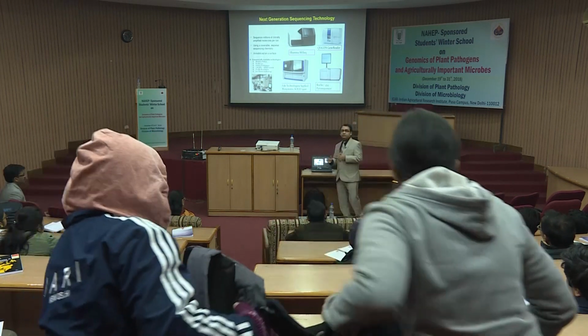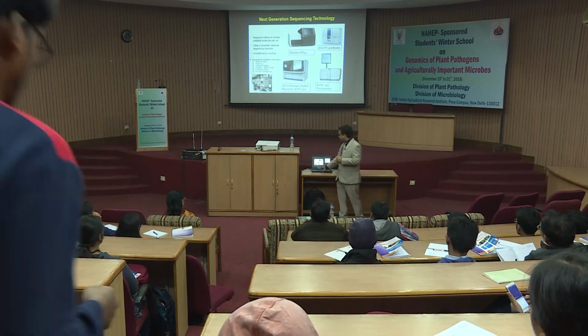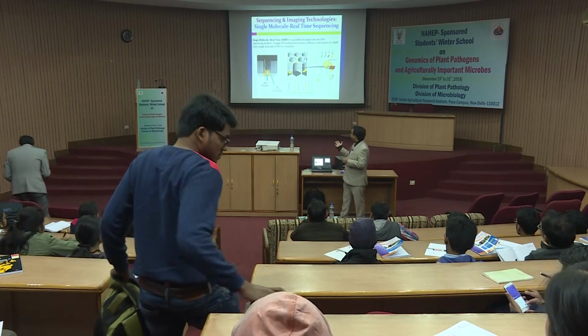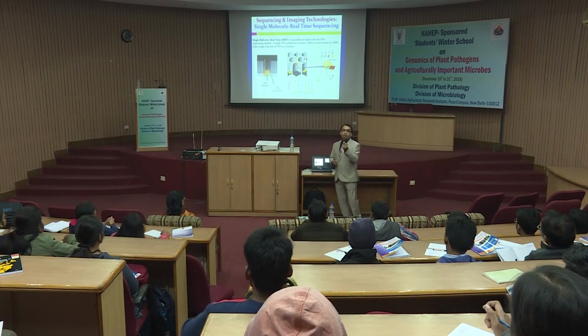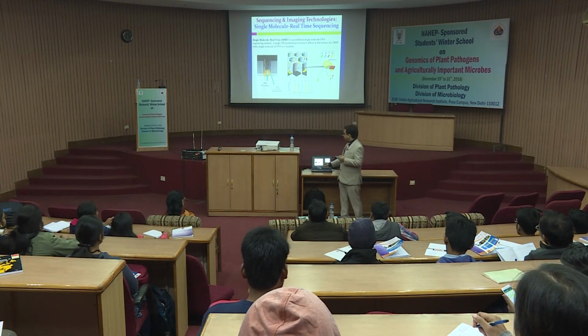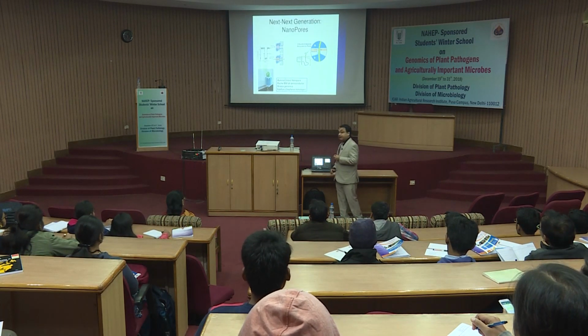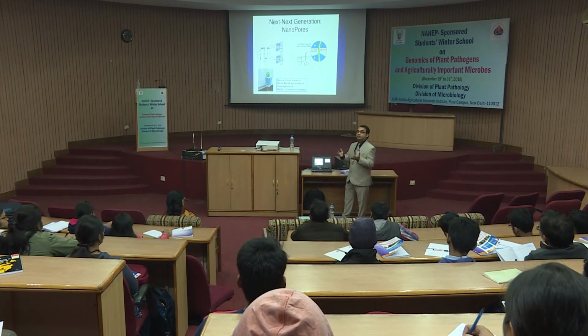There are first generation sequencing and second generation sequencing methods, and then recently single molecule real time sequencing, based on only one DNA molecule. You will hear this kind of talk also, SMRT sequencing, then nanopore sequencing. So, these are different platforms to generate sequence information data.